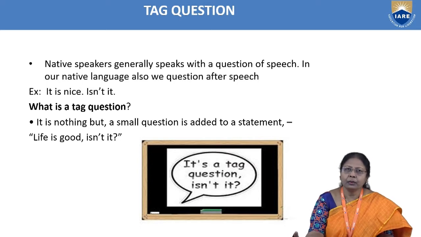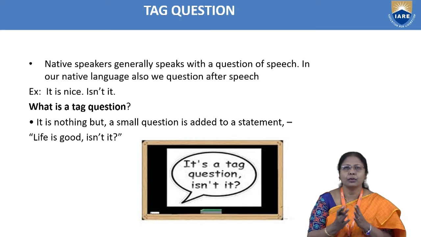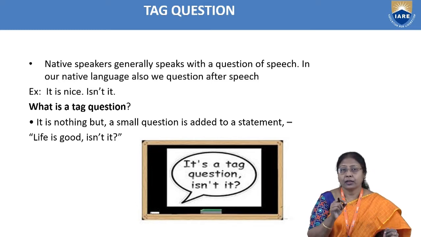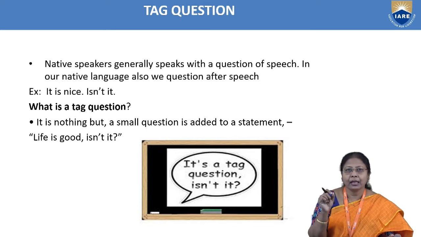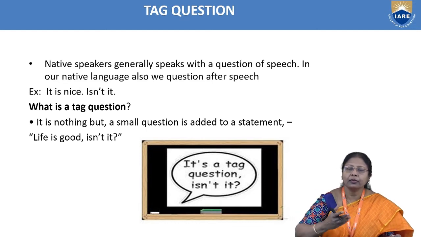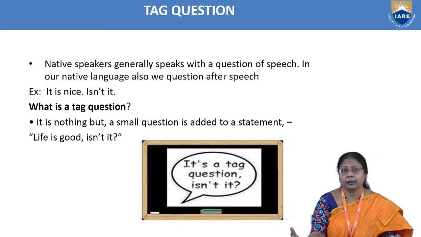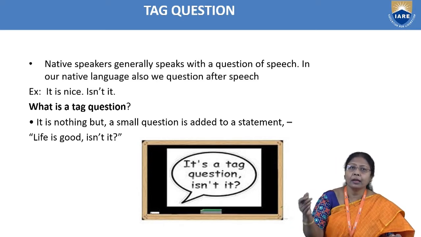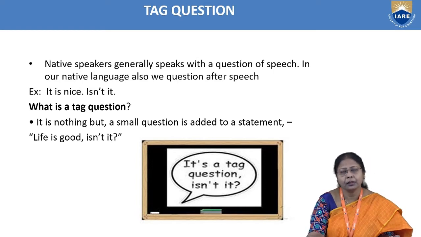When you say life is good as a statement, it doesn't look so nice. But if you add a question tag at the end, life is good, isn't it? It generates some sort of interest in the other person, just to lead the conversation. The conversation will be open. The other person will continue the speech. That's the beauty of the question tag in grammar.